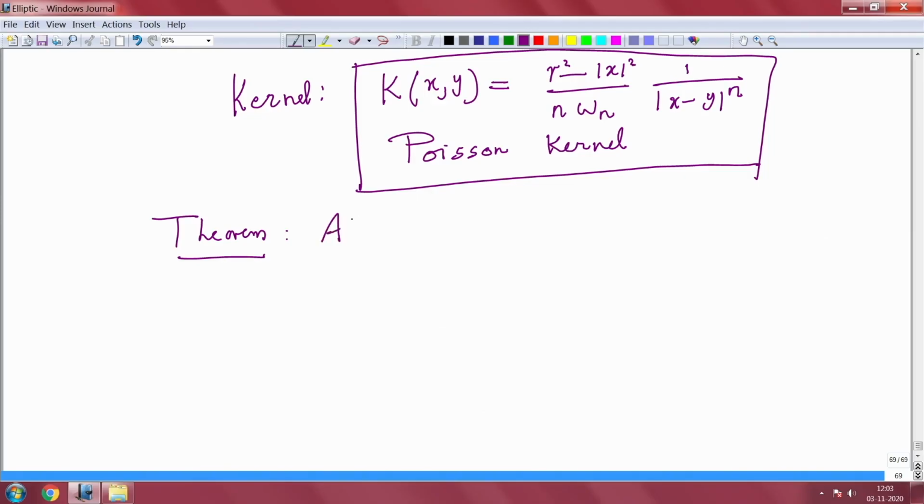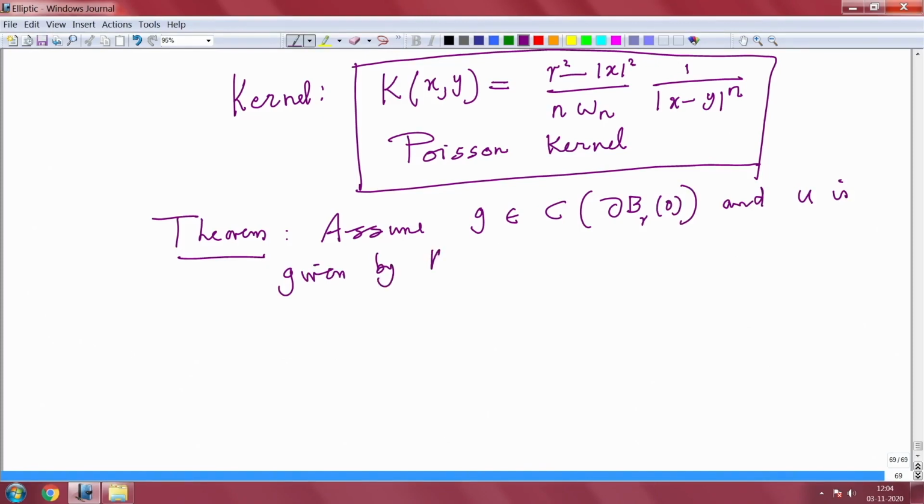Assume g is continuous on the boundary of B1 or BR of 0, and u is given by the Poisson formula.